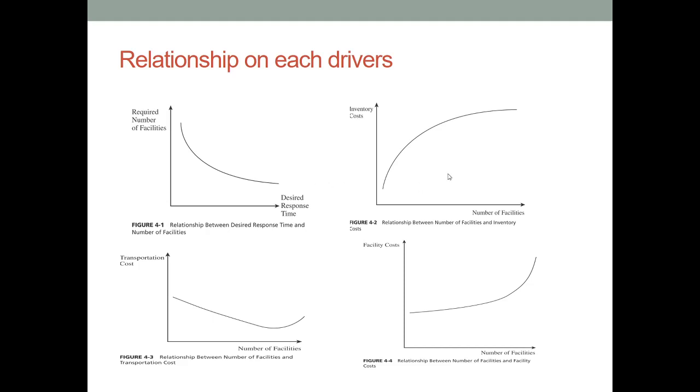Next is the inventory cost. Inventory cost here shows a negative relationship. It means that the more facilities you have, the more inventory cost you have to bear. What are the inventory costs involved here?